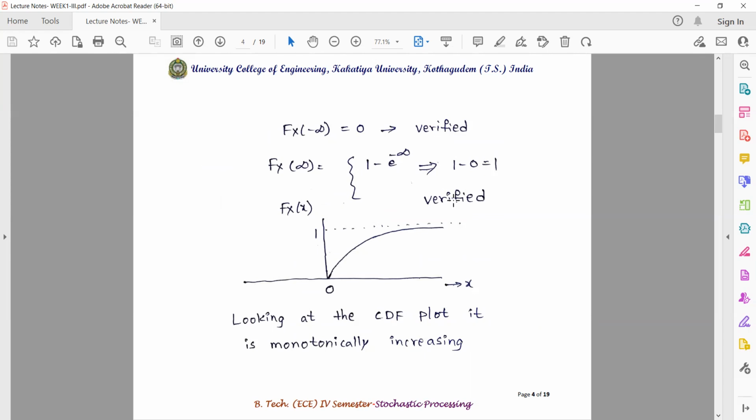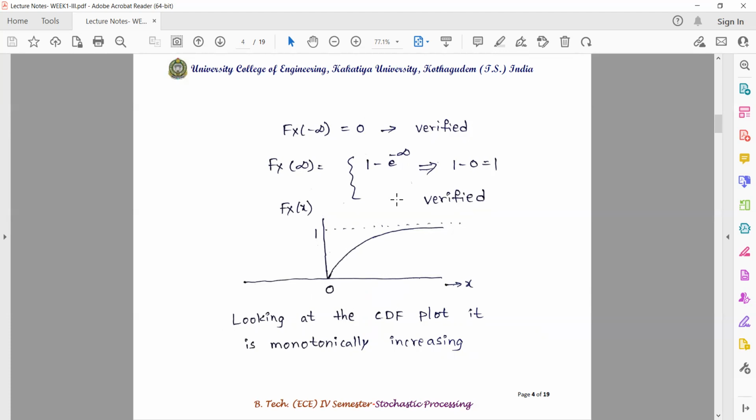And it should be a monotonically increasing function. If you try to plot 1 minus e power minus x by 2, the plot looks like this. It is a monotonically, exponentially increasing function, starting at 0 and ending at 1.